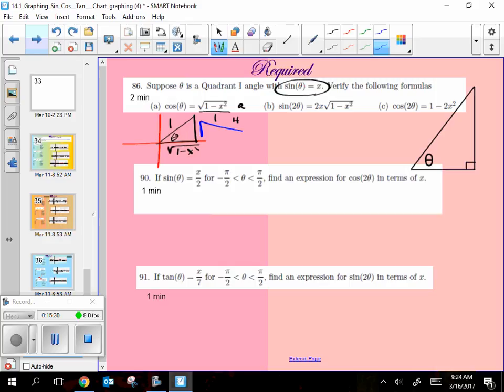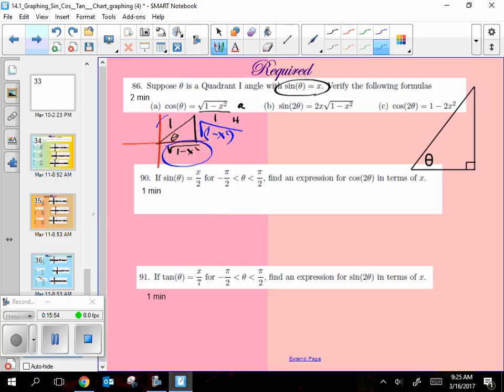Okay, well, this one squared is just, if you square something that has a square root on it, you just take the root off of it. So then that's 1 minus x squared, because I've already squared it by taking the root off of it.